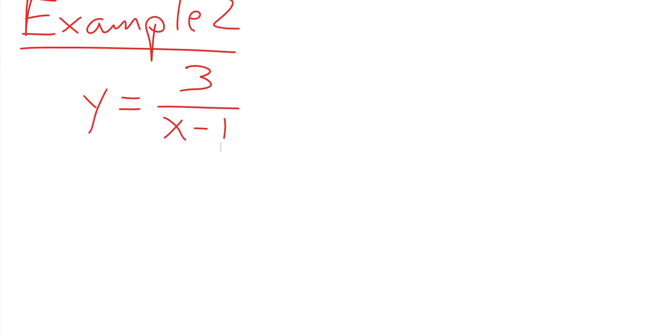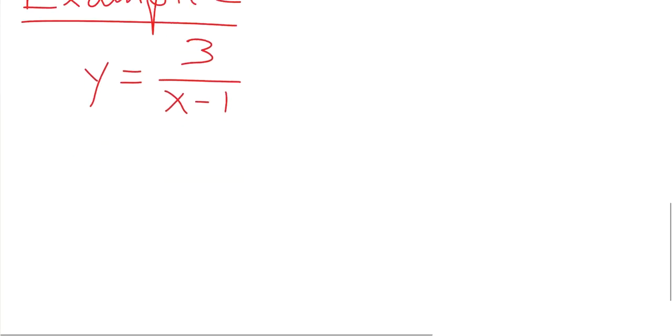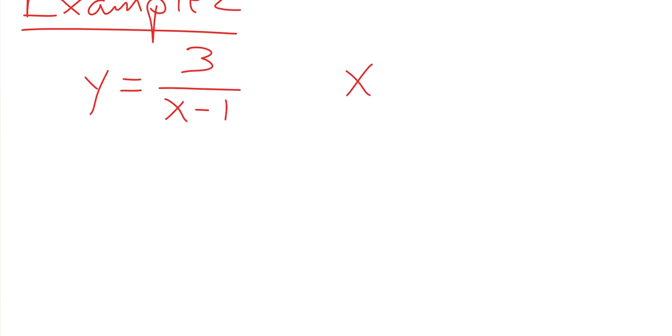That would be the value, x minus 1 equals 0. How could this be true? What value of x would give 0 down here in the denominator? Well, take this to the other side, and you would see that x is equal to 1. X equal 1 would give 0 in the denominator.